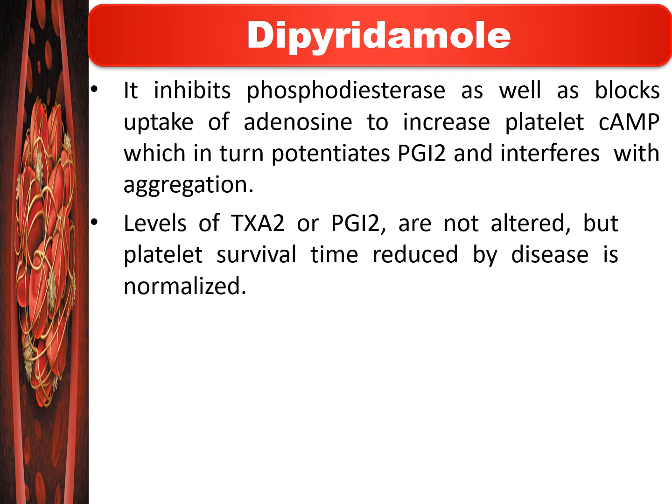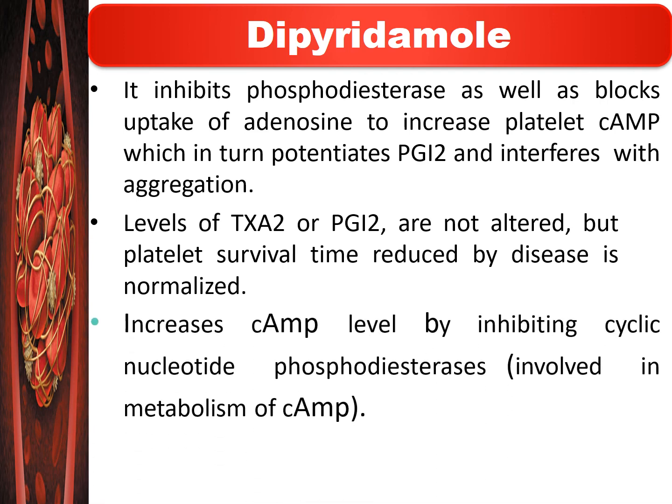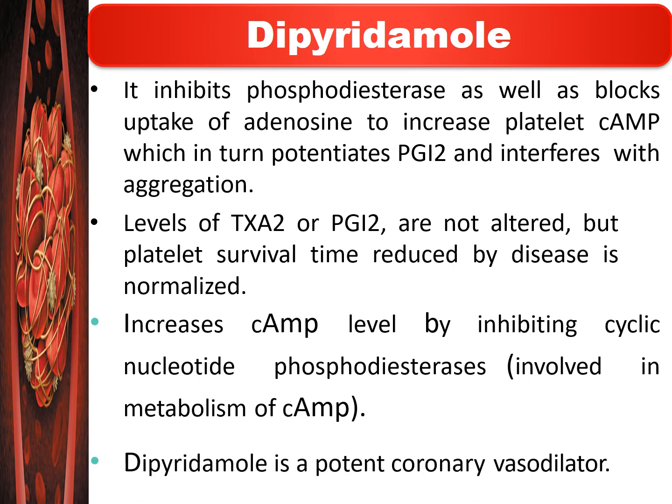The levels of thromboxane A2 and PGI2 are not altered, but platelet survival time reduced by disease is normalized. The increased cAMP level occurs by inhibiting cyclic nucleotide phosphodiesterase involved in the metabolism of cAMP. Further, dipyridamole is a potent coronary vasodilator.